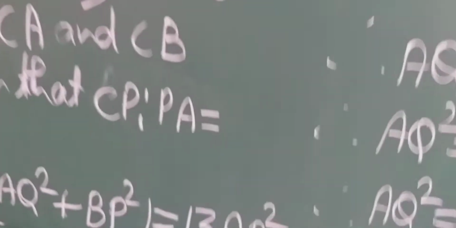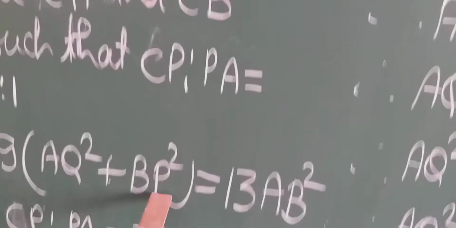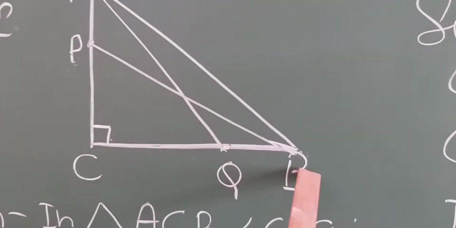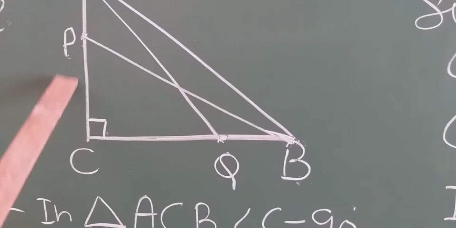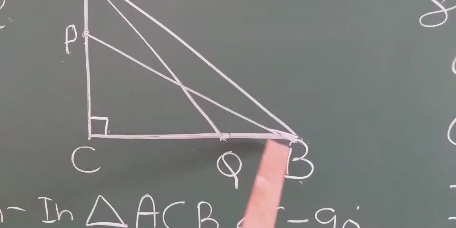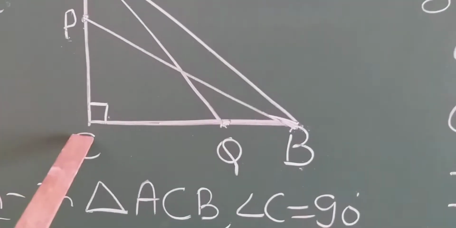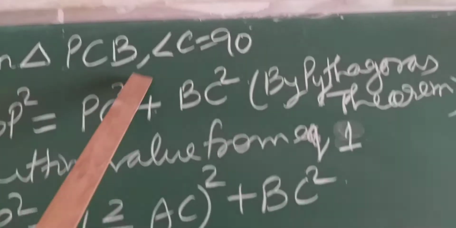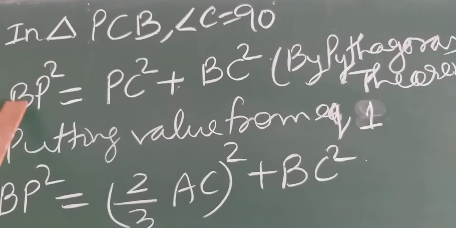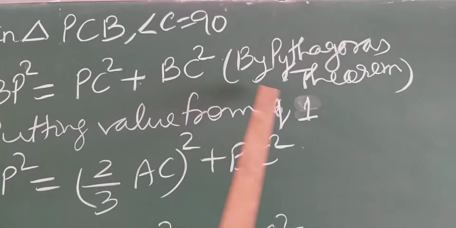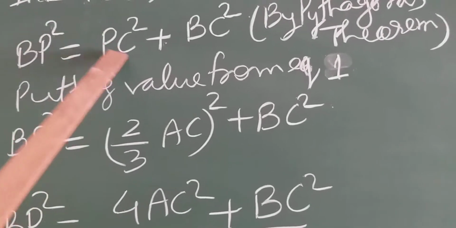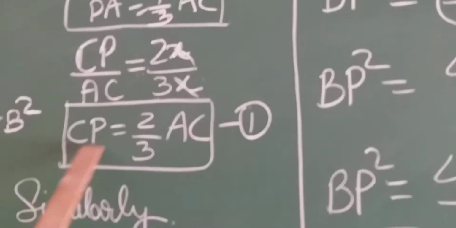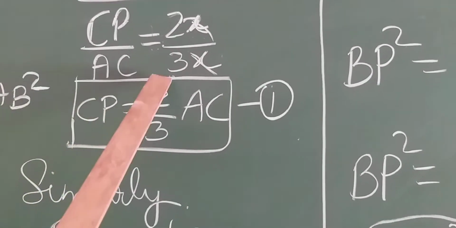Now students, we need BP. So we take triangle PCB, and angle C equals 90 degrees. When we use Pythagoras, we get BP square equals PC square plus BC square. Now we put the value of PC from equation number 1, PC equals 2 upon 3 AC.